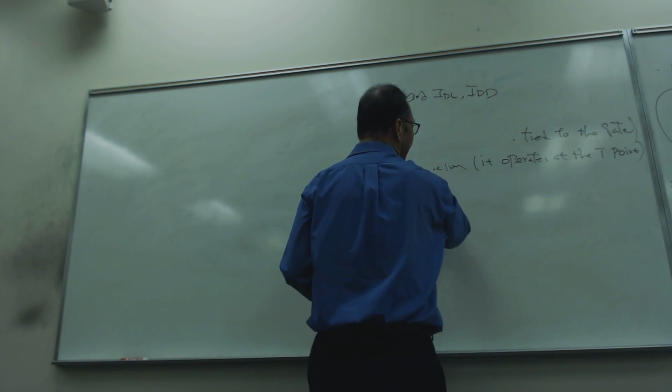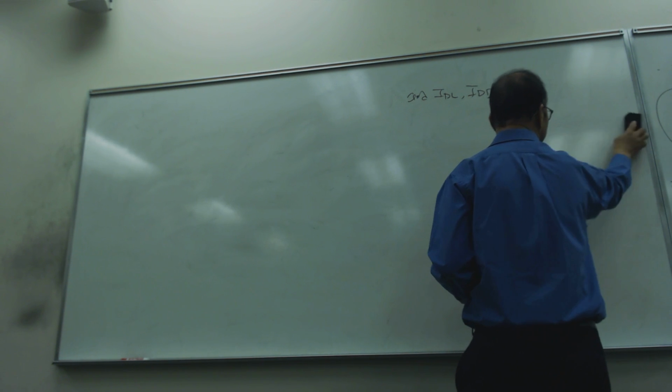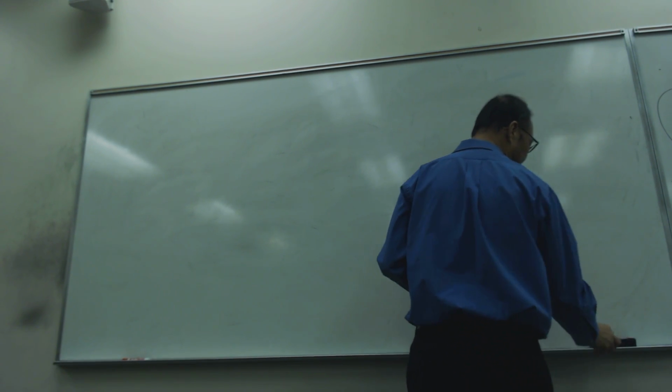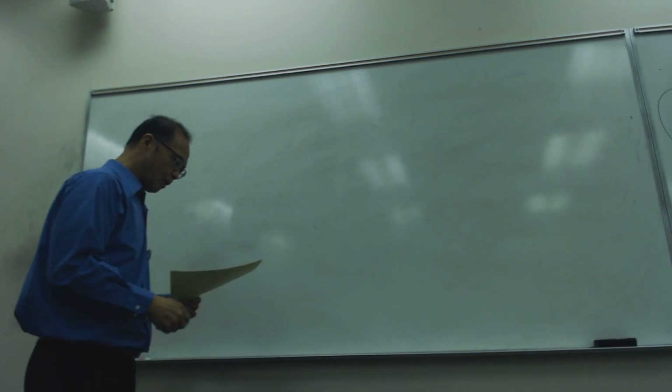Okay, so in this chapter we have learned the DC biasing of the MOSFET circuit. So now we are ready to do the AC analysis.